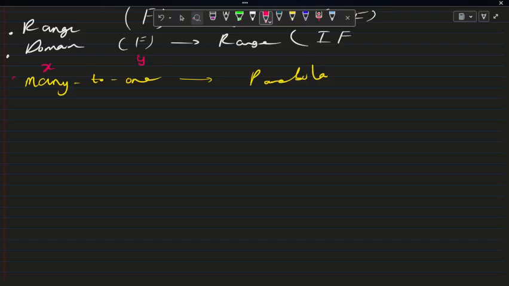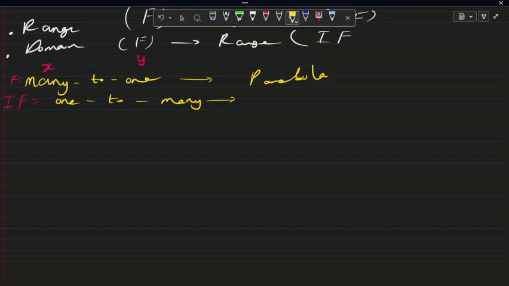So this is for the function, and for the inverse function, it will become one to many, because this y will be swapped with this x, and now it becomes one to many. We know that a one to many relationship is a relationship whereby there is a sharing of x values.